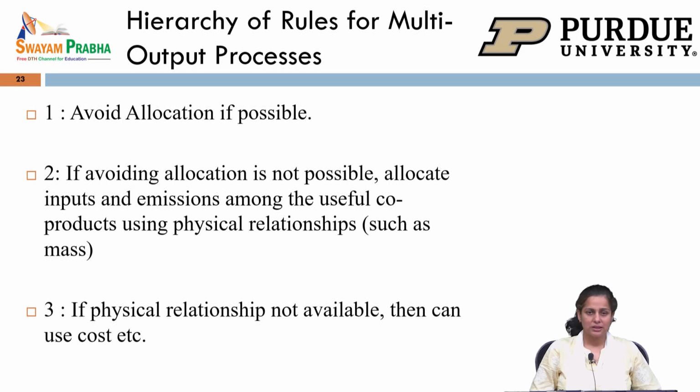The third one is that if a physical relationship is not available, which is mostly the case in multiple co-product process cases, then we can use the cost. This is of course the least accurate. So, as you go from points 1 to 2 to 3, the accuracy reduces, but the ease of application of course increases.